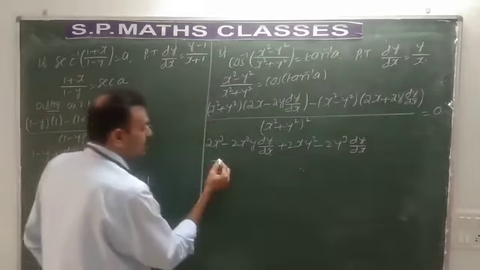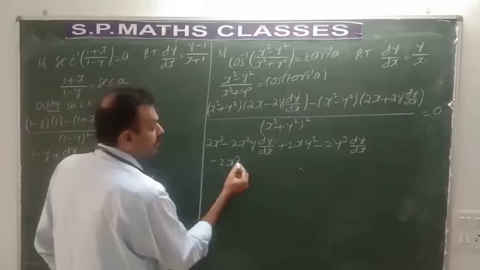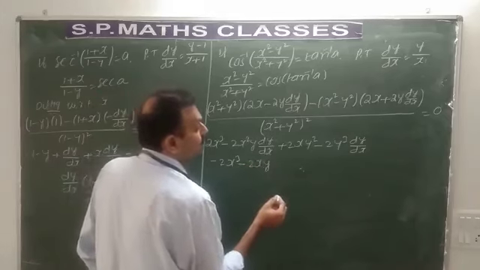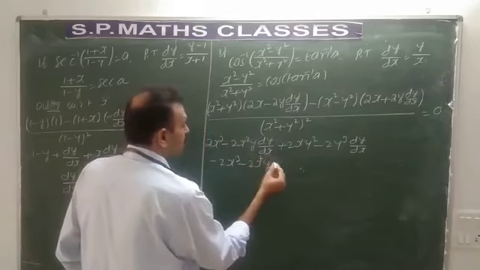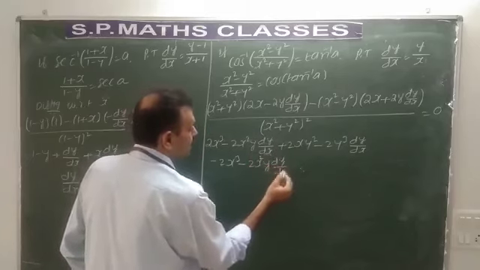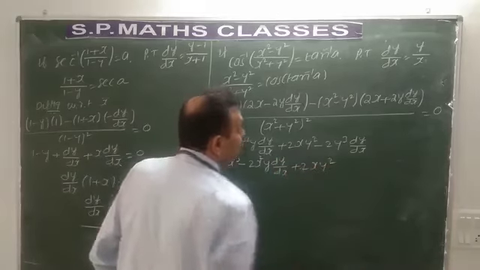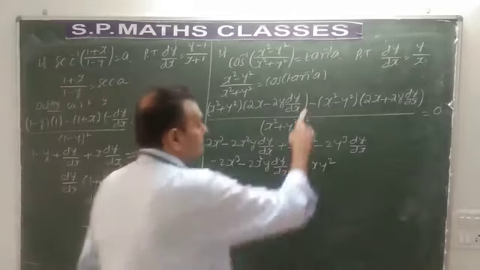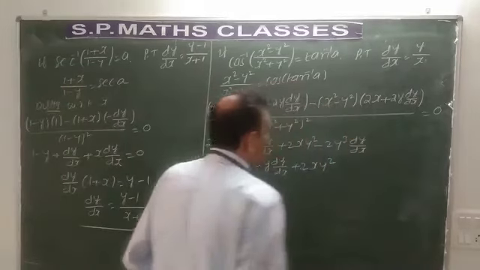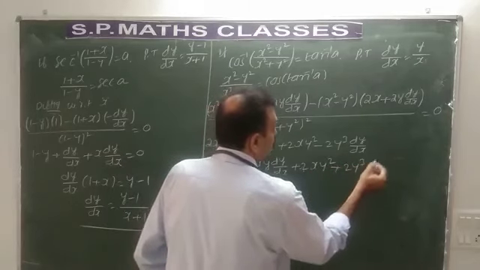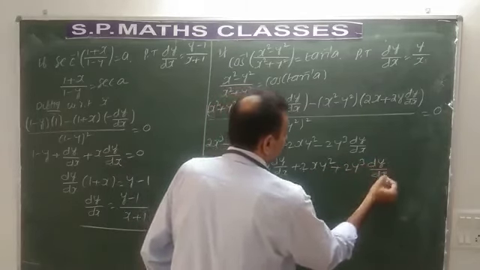Multiply that, minus 2x cube minus 2xy into 2x squared y into dy by dx. Next, plus 2xy squared, minus into minus plus y squared into 2xy squared plus 2y cube into dy by dx. That's equal to 0.